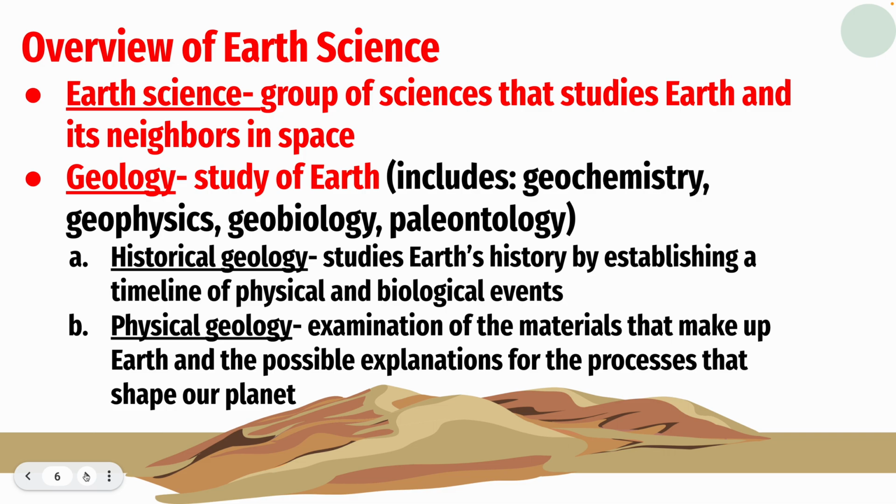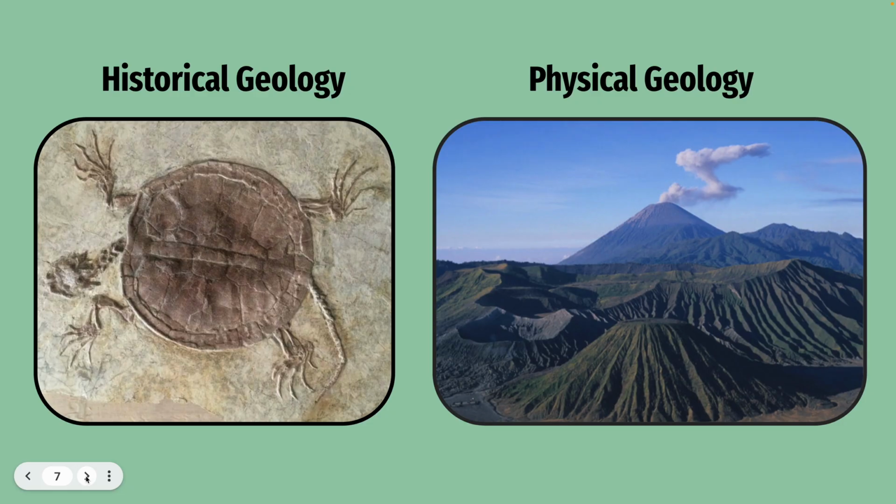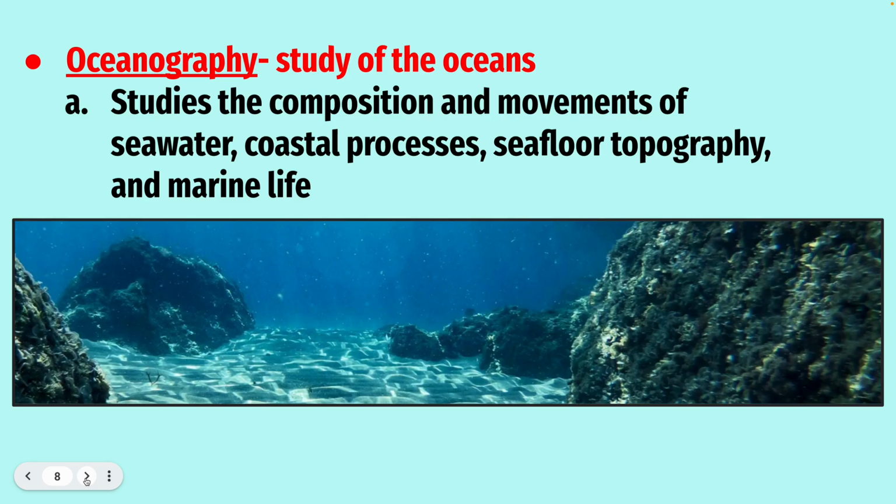So historical, including that life factor; physical, not. Here I see a fossil of, looks like probably a turtle or a tortoise in some capacity. There's that life factor. Whereas in physical geology, we're looking more at how those hills were formed, how those features were formed from a geological perspective.